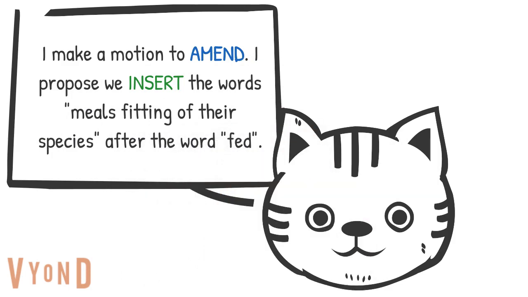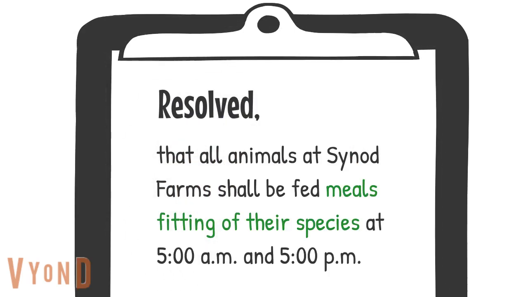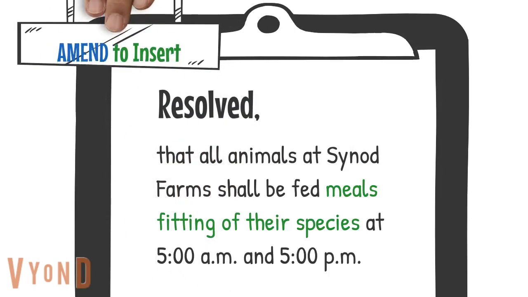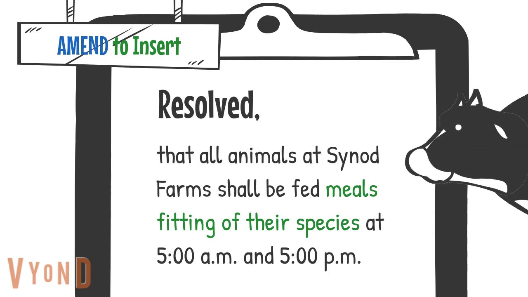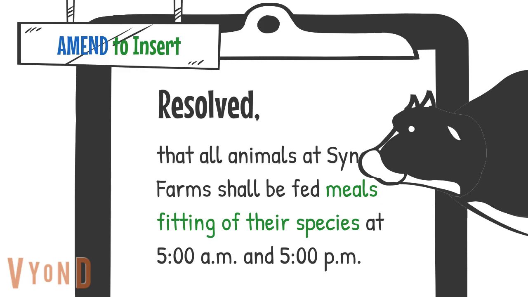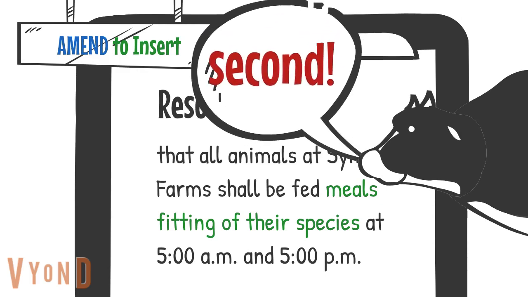I propose we insert the words meals fitting of their species after the word fed, so that the motion reads, resolved that all residential farm animals at Synod Farms shall be fed meals fitting of their species at 5 o'clock a.m. and 5 o'clock p.m. The cow seconds the motion, and the chair opens discussion on the amendment, which in this case, as a reminder, is an insertion.